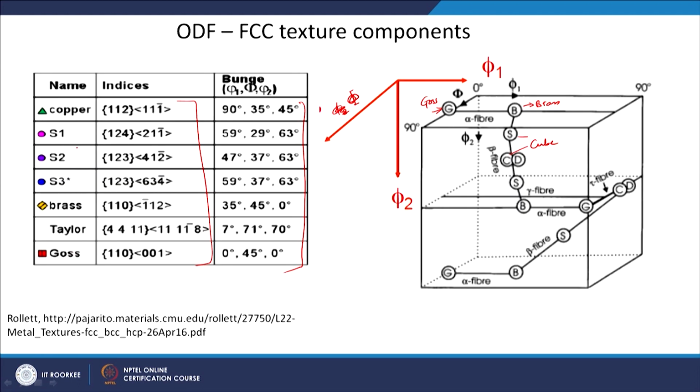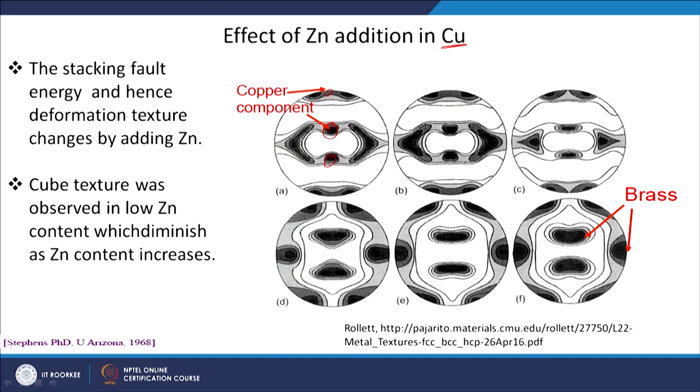Copper will have this component, 112, 111. So, you have an intense copper component, but as we keep adding zinc, trying to make brass, which is an alloy of copper and zinc, you can see the effect on the pole figure and also the texture.